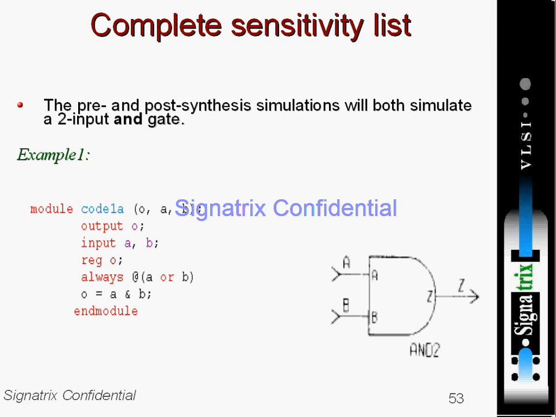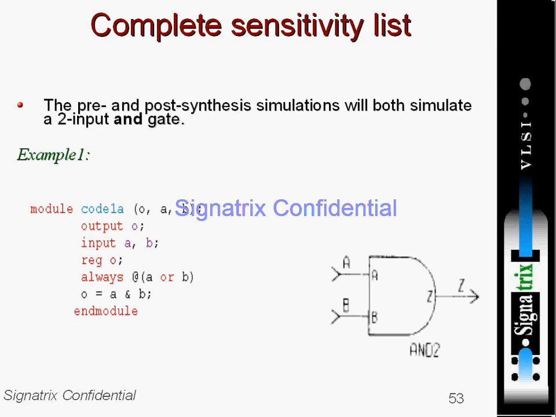This procedural block would work only if there is a change in A or B. Suppose the statement underneath the always statement is O equals A and B. What happens if B is not there? If there is any change in B, suppose A and B are 0 and 1, the output would be 0.